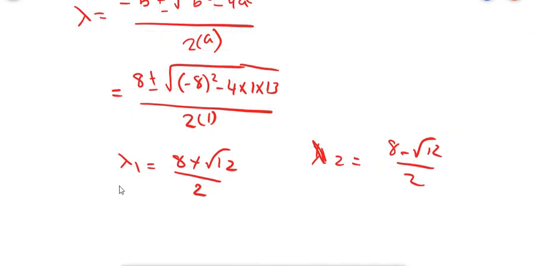You will write 8 plus square root of 12 divided by 2. You will get lambda 1 equal to 5.7, 3, 2 and so on, and 8 minus square root of 12 divided by 2 will be 2 point. So here lambda 2 will be 2.26. Okay, this will be the answer.